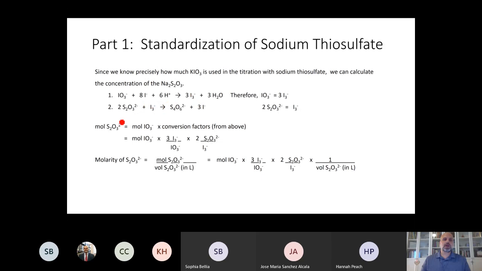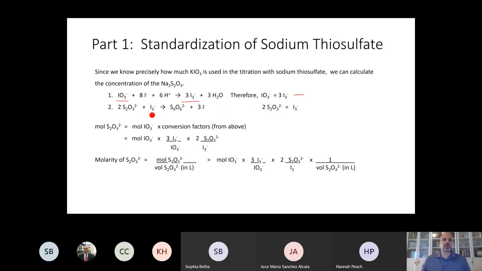That triiodide then reacts with the thiosulfate to form the newly oxidized compound as a product, and returns some more iodine. From this equation, we can see that for every one iodate ion we add to the reaction mixture, we generate three triiodide ions. So that's our mole equality.